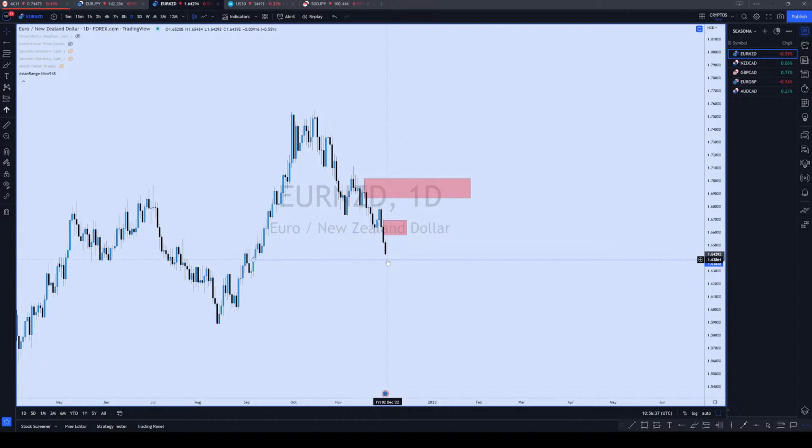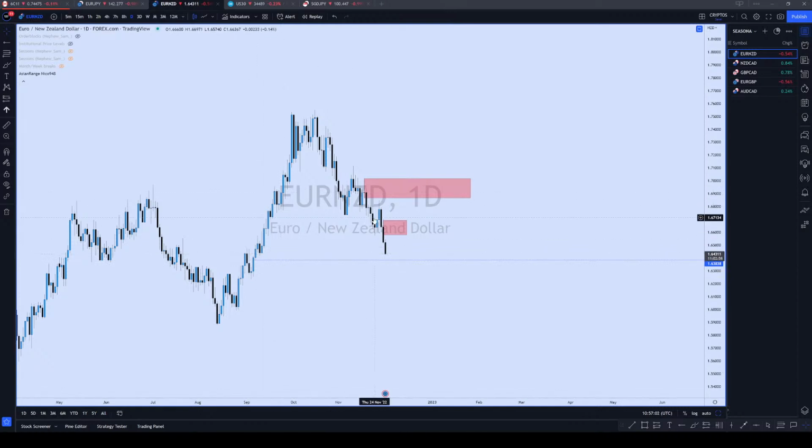Now if you've been following me for a while, you should know this level. Right, you should know about this level. That's what I've been looking for price to draw to.